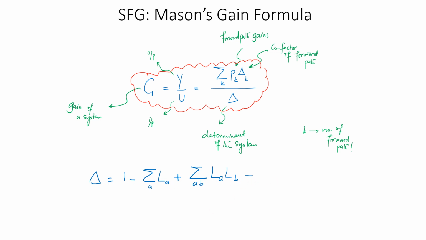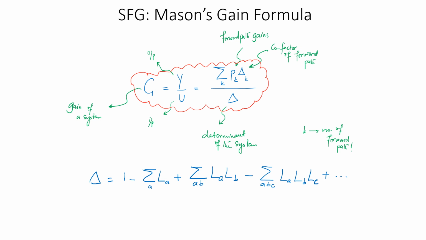Then you are going to sum all the possible combinations of three non-touching loops. So that would be LA, LB, and LC. And you will keep on doing it until the point when you find no further possible combinations of non-touching loops.